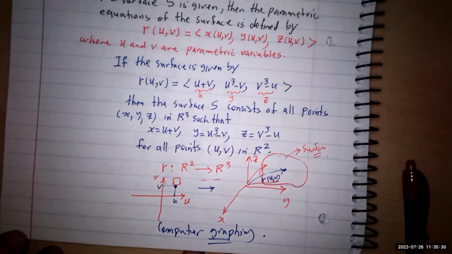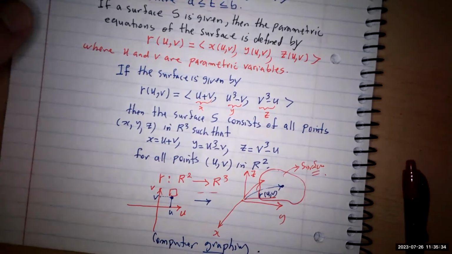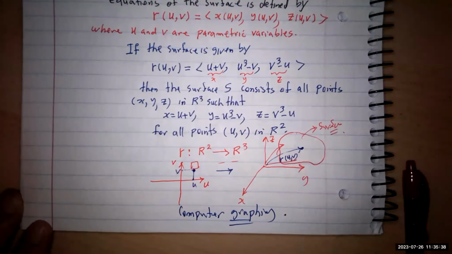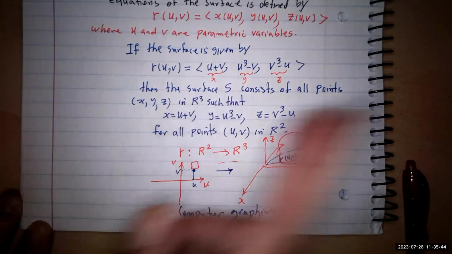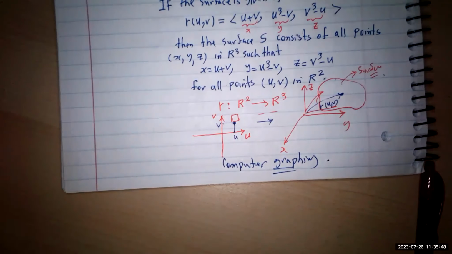And the other part is, if you look at animation film movies, the Walt Disney ones, all of them use this type of computer graphing. They are just using the parametric form of the surfaces rather than the other approach.